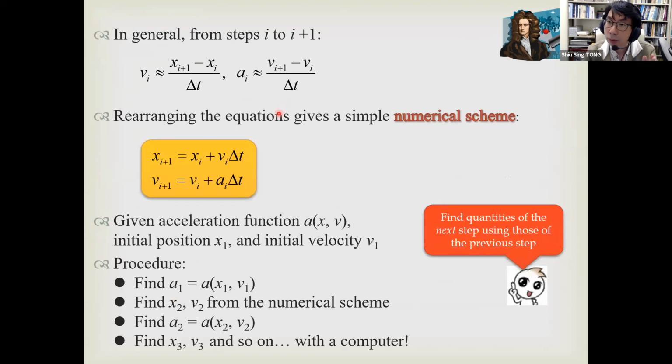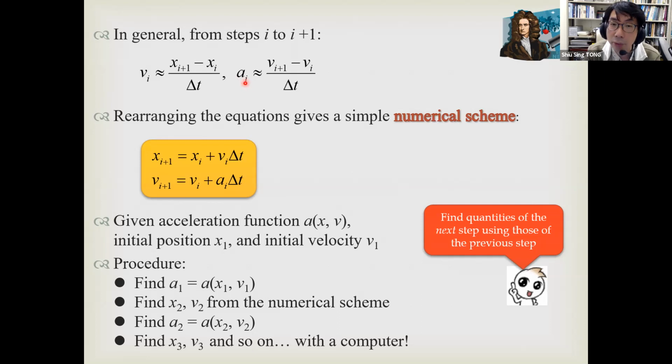Now, we can make it more general. Suppose we go from the step ti to ti plus 1, where i is a general integer. So we can write the same formula. The velocity in the ith interval is approximately equal to the position xi plus 1 at the end of that time interval, minus the position xi at the beginning of that interval, divided by delta t.